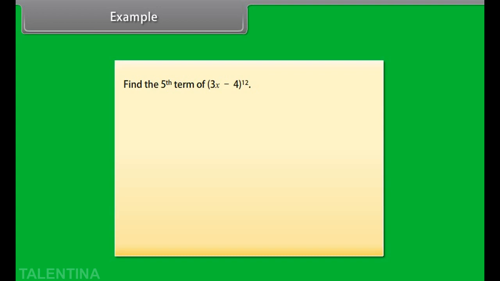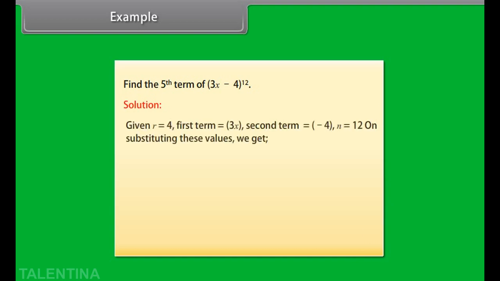729. Example: find the fifth term of 3x minus 4 raised to power 12. Solution: given r is equal to 4, first term is equal to 3x, second term is equal to minus 4, n is equal to 12.